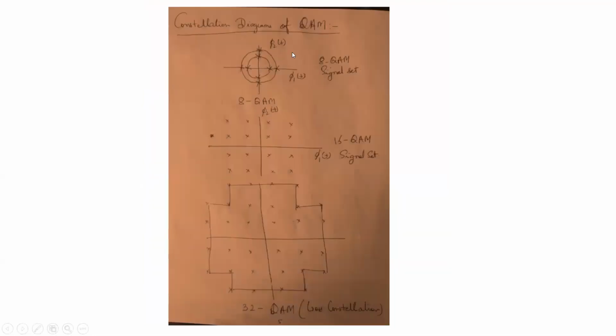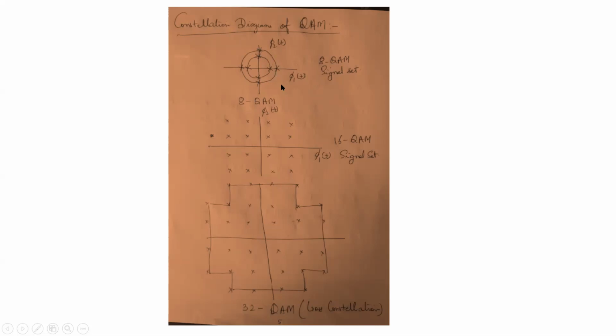Now, let us see some examples of constellation diagrams. This is the constellation diagram of 8 signal points. This is not the constellation diagram of phase shift keying, because there are 2 circles, one outer and the other inner. 4 points lie on the inner circle and 4 points lie on the outer circle.